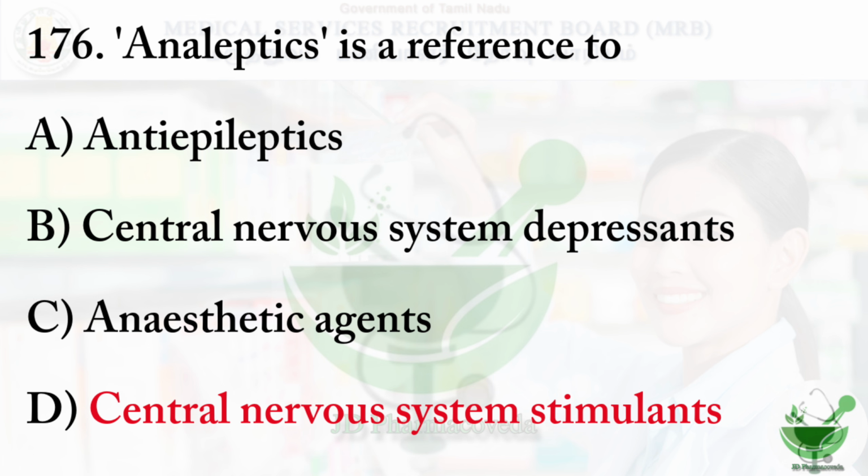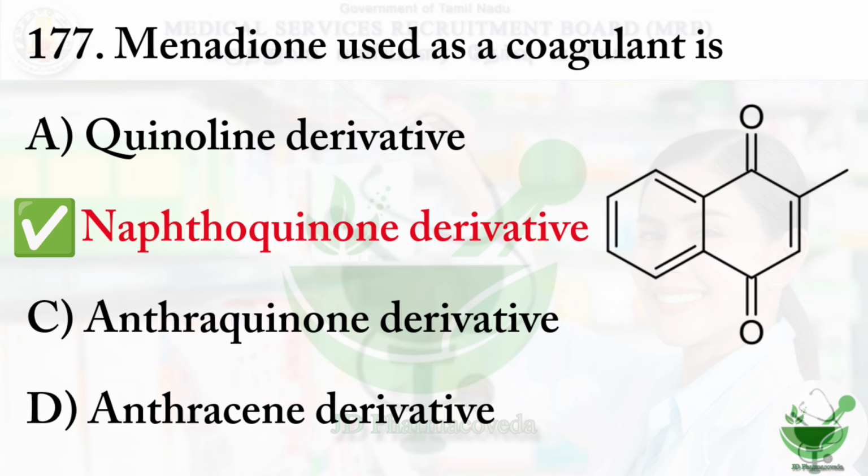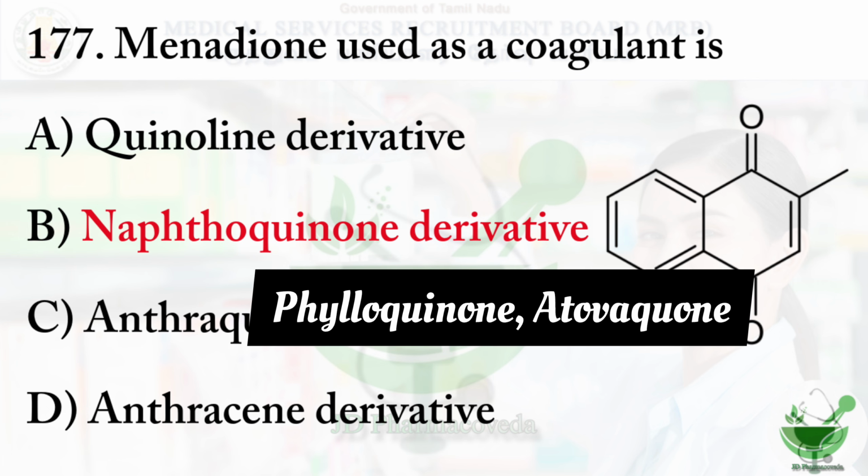Then question number 177. Menadione used as a coagulant is: option A quinoline derivative, option B naphthoquinone derivative, option C anthraquinone derivative, and option D anthracene derivative. So the right option is option B, naphthoquinone derivative. Other examples are phylloquinone, atovaquone.